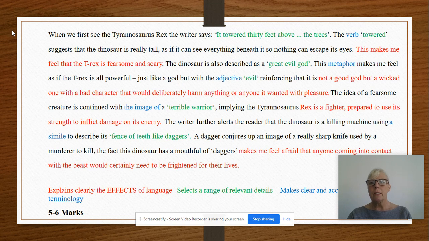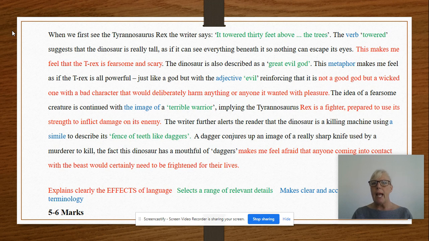The next point, dinosaur is also described as a great evil god. So we've got another detail from the text and a correct, clear, accurate use of subject terminology for this metaphor. Effect, makes me feel T-Rex is all powerful, just like a god. And then again, that development within that PEED, we've got a zooming in on one particular word within that phrase to further extend our explanation.